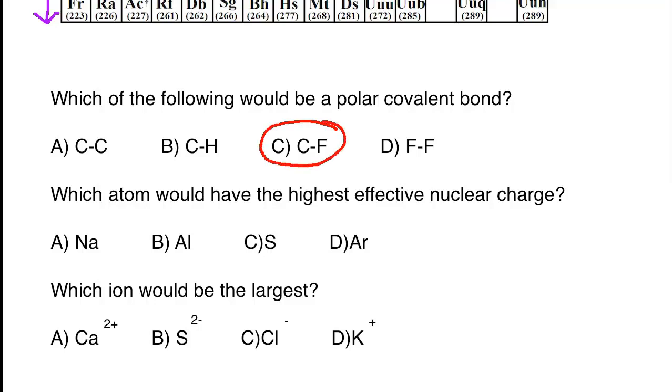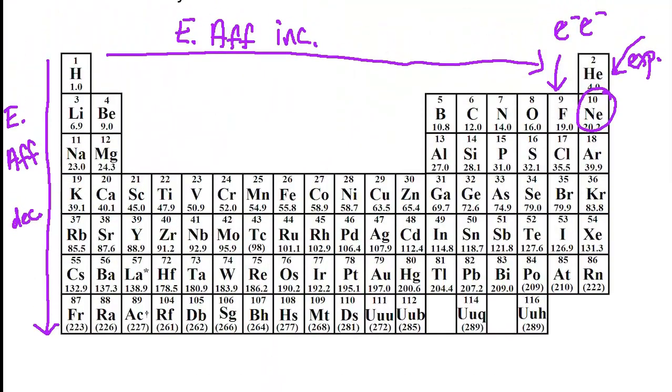So if we keep in mind that electronegativity values are going to increase as we go across the chart here, from hydrogen all the way over to helium and the noble gases. Again, the noble gases are excluded, so fluorine's the highest. We have fluorine with a very high electronegativity. Then we have carbon with an intermediate, and then hydrogen would be lower.